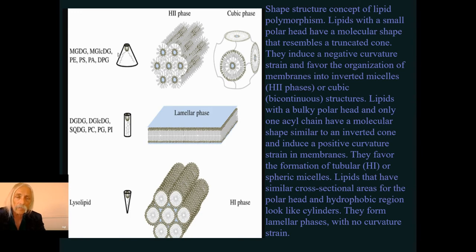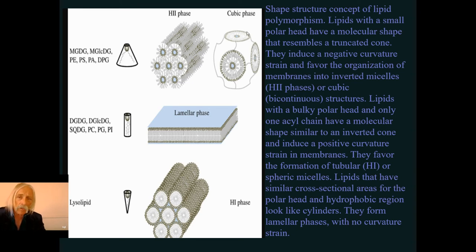All of those lipids will tend to make these cone-shaped structures, right, because of the interaction between the polar head group and the acyl chains. And when you get a massive amount of these lipids, you will make a hex 2 phase in cross-section. That's called the hex 2 phase because of its molecular geometry.